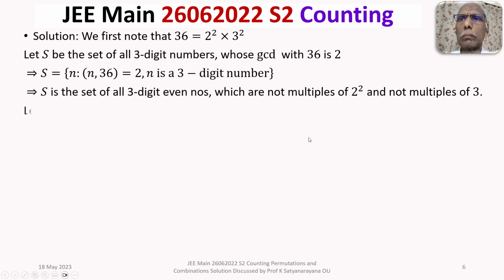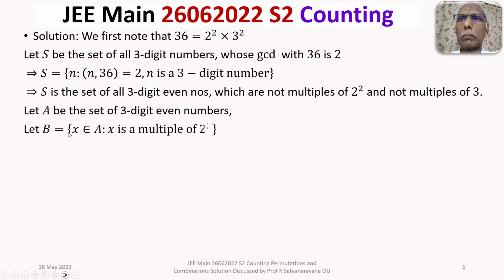So therefore, S is the set of all three-digit even numbers which are not multiples of 2 square and not multiples of 3. So let capital A be the set of all three-digit even numbers. Let B be the set of all those x belonging to A where x is a multiple of 2 square.